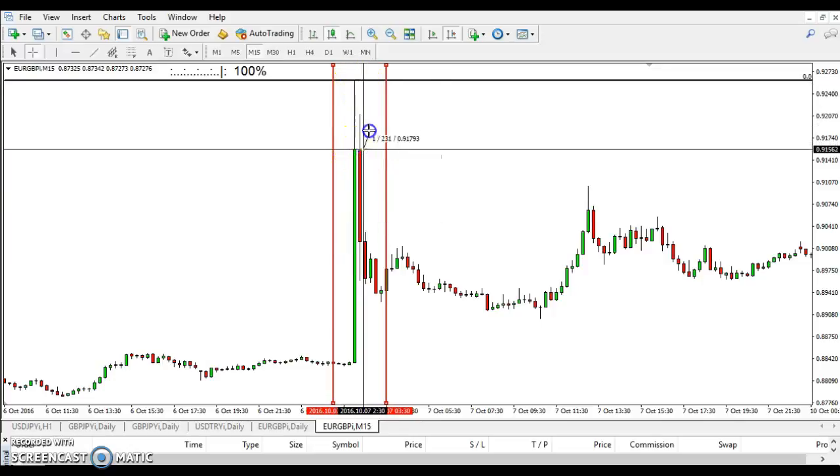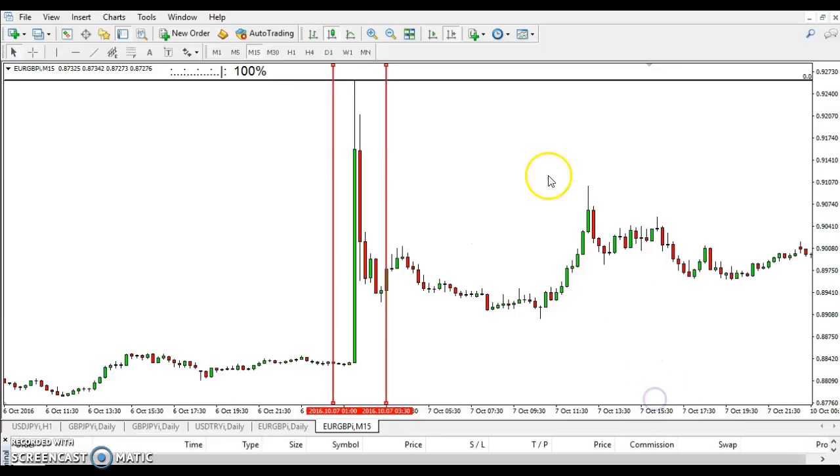Boom. 50 pip drawback, and you would have seen the candle go down, down, down. Depending on your lot size, you would have been so happy right now. You were in $200 worth of profit. By the time it got down here, 376 pips of profit.